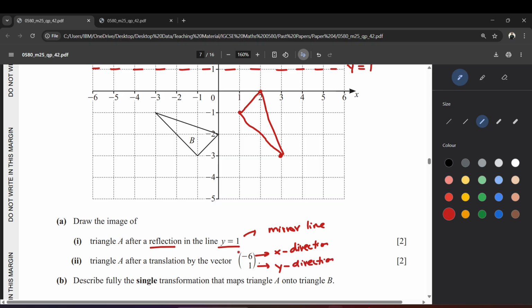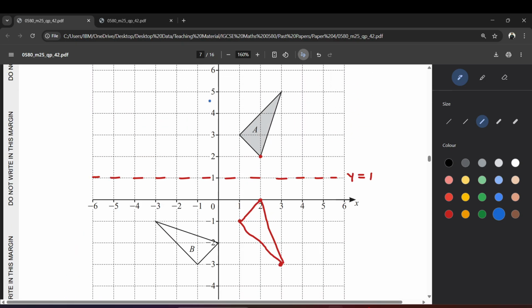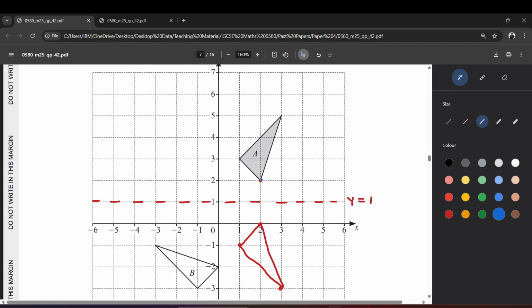So if it says -6, that means you have to move 6 units to the left. Minus tells you that you have to move to the left. So if I again pick one point, let's say I've picked this point, now I have to move 6 units to the left. So 1, 2, 3, 4, 5, 6.